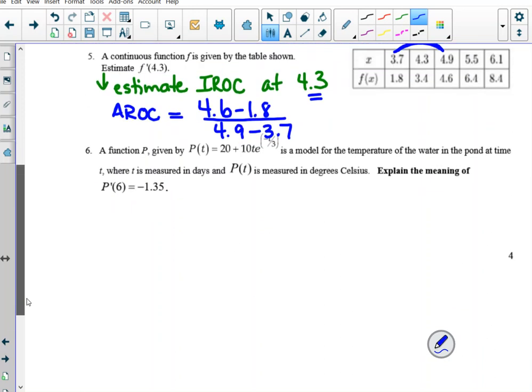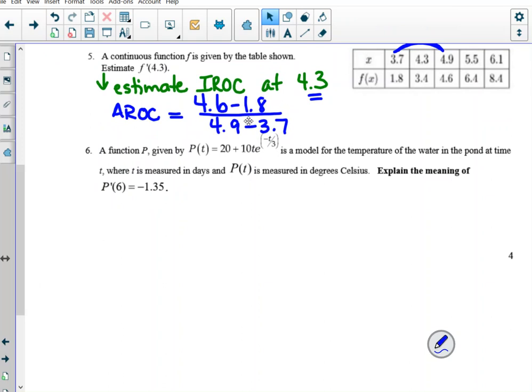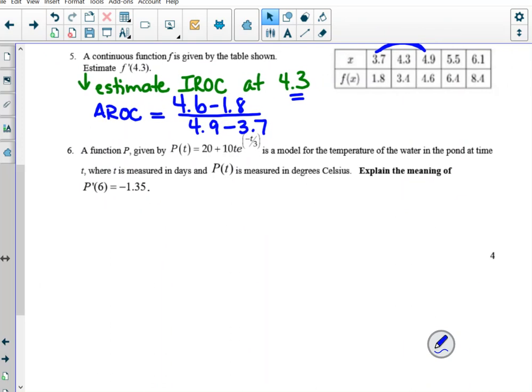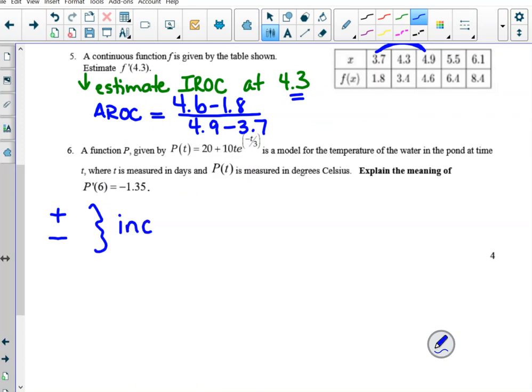Another part of working with the derivative, before we get into the new stuff today, this is kind of the last thing. We want to make sure we understand how to describe what the derivative is measuring. So when you describe what a derivative is measuring, first thing you should talk about is the sign, and are we representing an increase or a decrease?